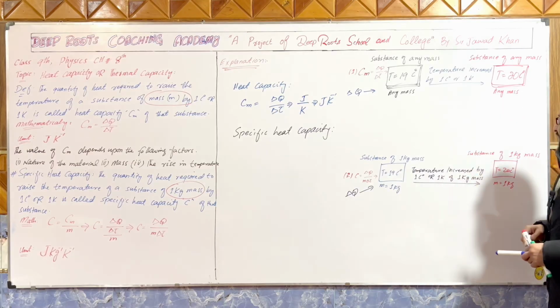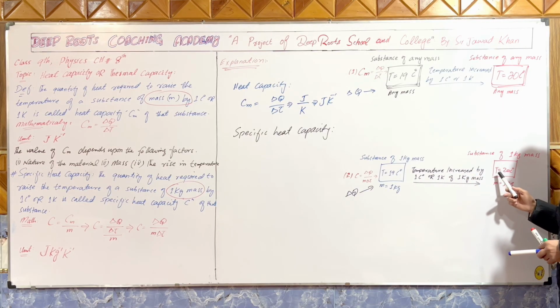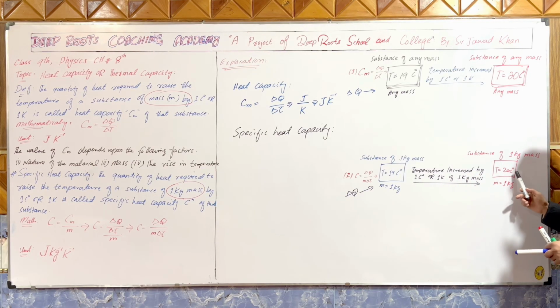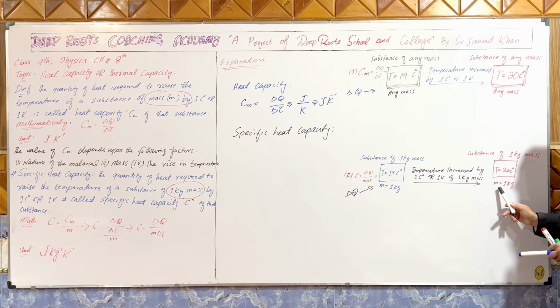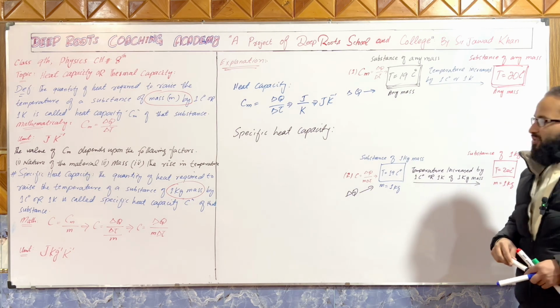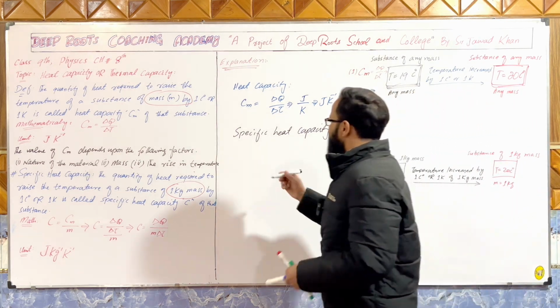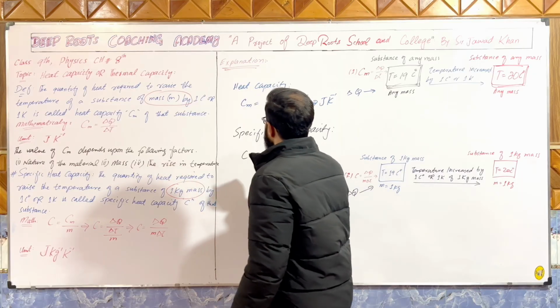So the temperature has now increased from 19 to 20 degrees centigrade, and the mass is again 1 kg. This is called the specific heat capacity.